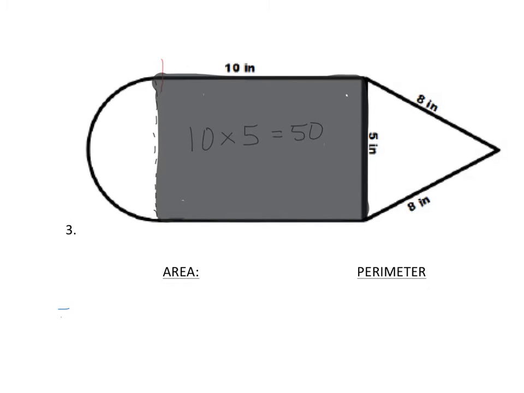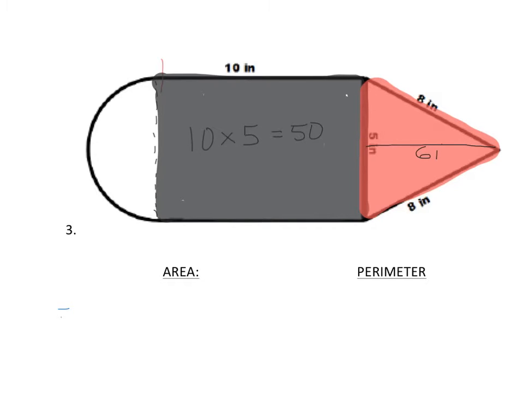Now, the next thing you need to see is we're going to come over and do the triangle. And we wrote in your notes that the height of that triangle is about 6.